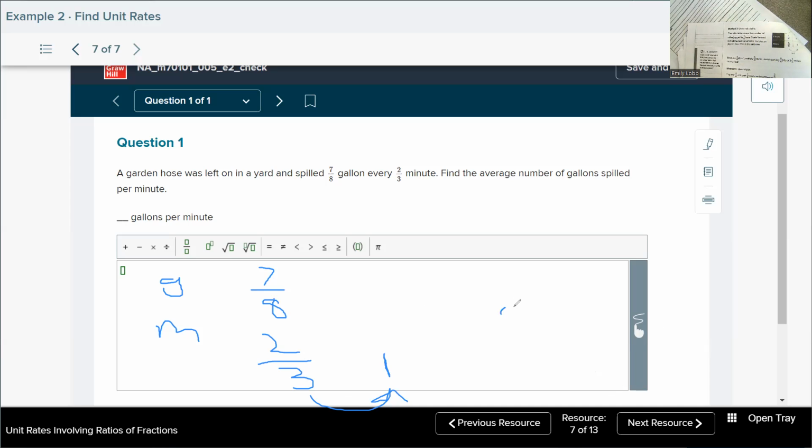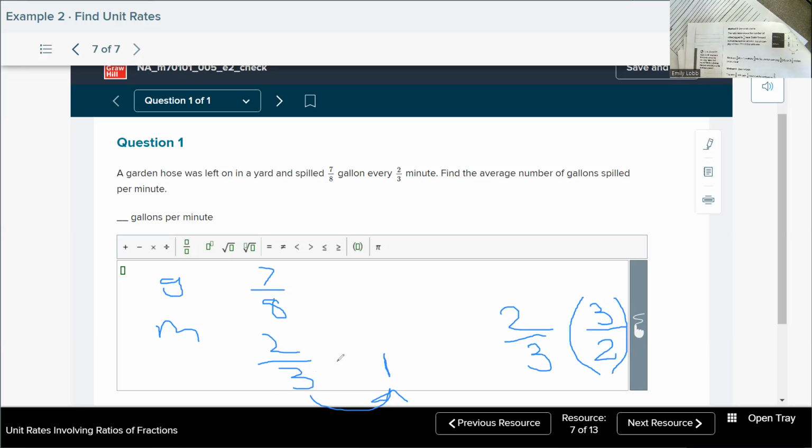When we multiply a fraction by its reciprocal, it equals 1. So what is the reciprocal of 2/3? Kaden, what's the reciprocal of 2/3? Flip it. What was on the bottom? Good, excellent. 3/2. So in order to get 1, we have to multiply by the reciprocal.